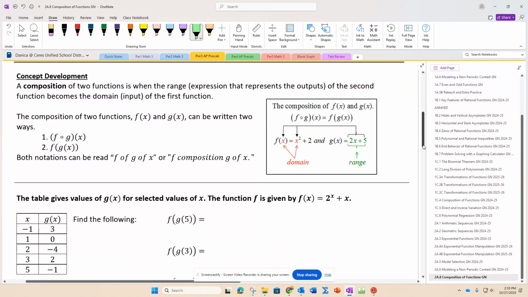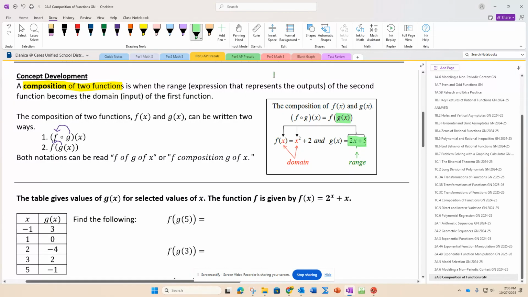All right, so we've talked about this before, but let's briefly refresh. Composition of two functions is when the range of the second function becomes the domain of the first function. So whatever our second function is defined as, we substitute it into the first function for its domain variable, which is its x's. So like over here, this would be the range of g of x.